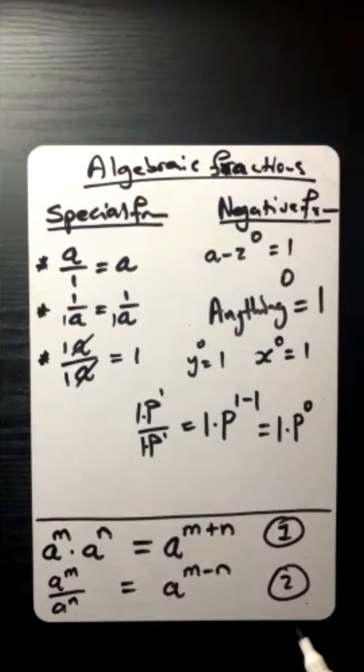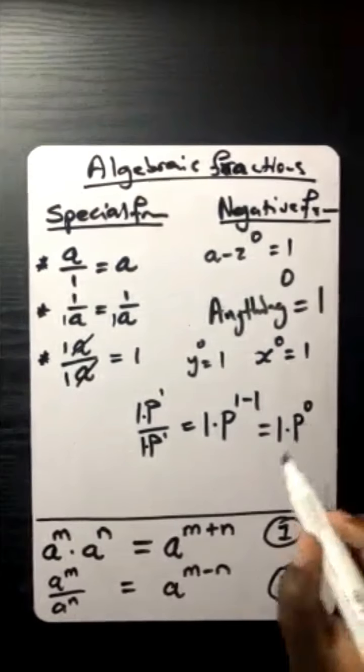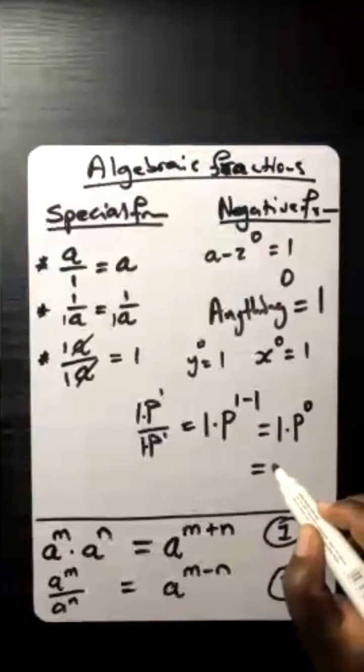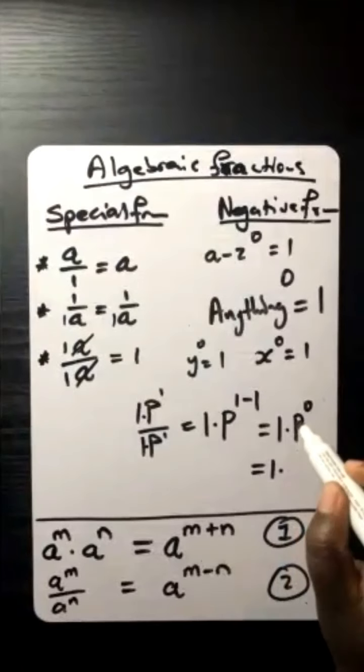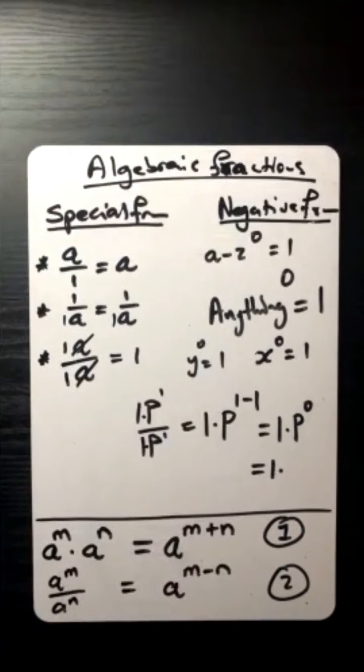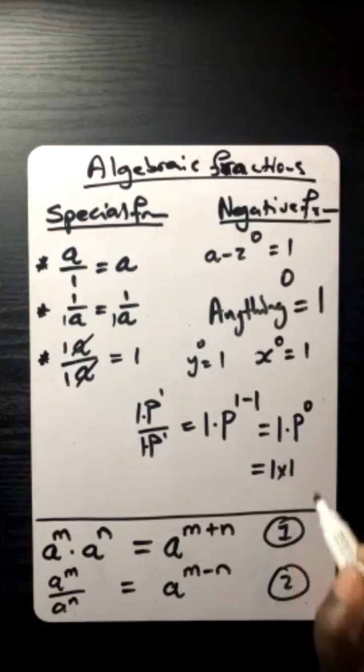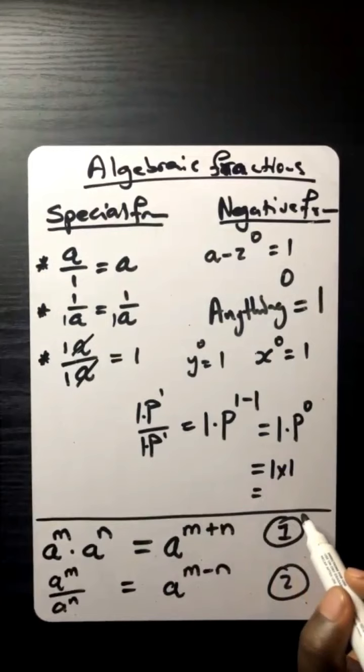Do you guys understand that part? Yes, sir. So let's continue from this one. What is 1 multiplied by p to the exponent 0? What is p to the exponent 0? 1. It's 1. So what is 1 multiplied by 1? 1.